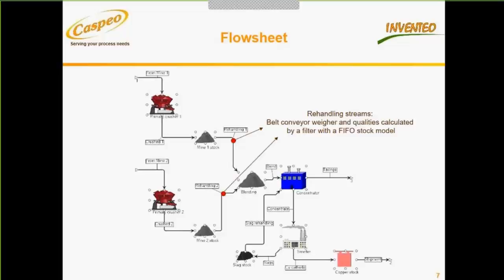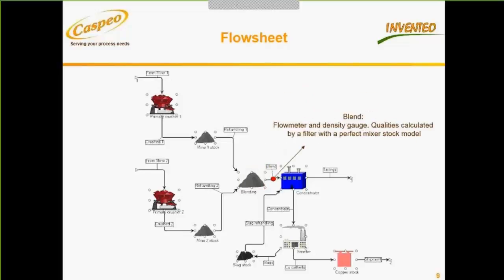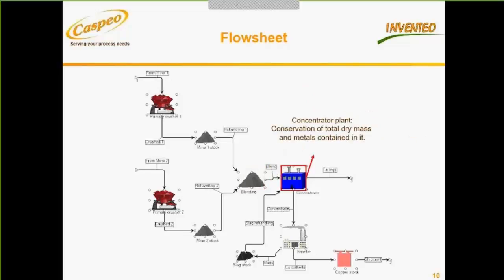Sometimes we have some information which can be directly extracted from the database, and sometimes we will be using some filters from Inventio to initialize the contents and the quantities of the streams that are not sampled or weighed. So more or less in this case, we are going from the mine to the final copper cathodes.